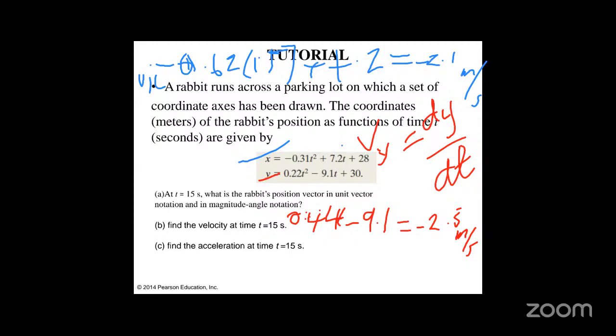So in terms of unit vector notation, our v will be equal to Vx i plus Vy j.